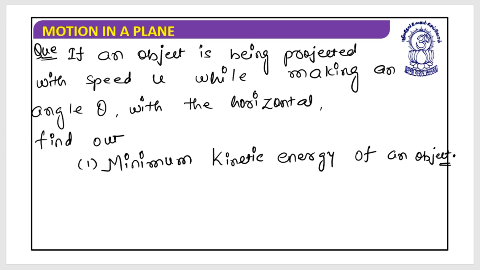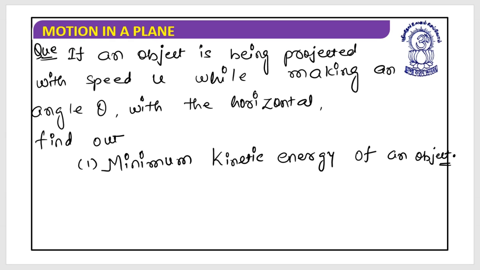I am going to add something here, but first you focus on this only: what should be the minimum kinetic energy of an object throughout the journey of a projectile? That is what I require.